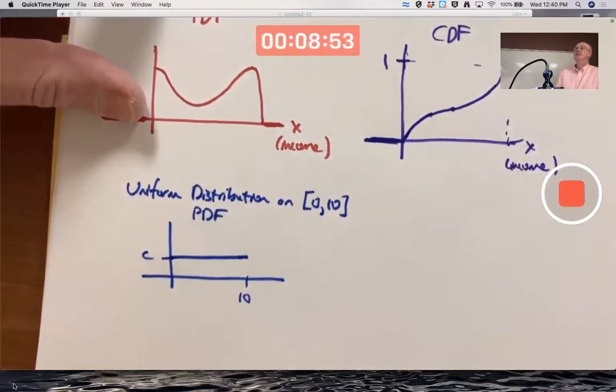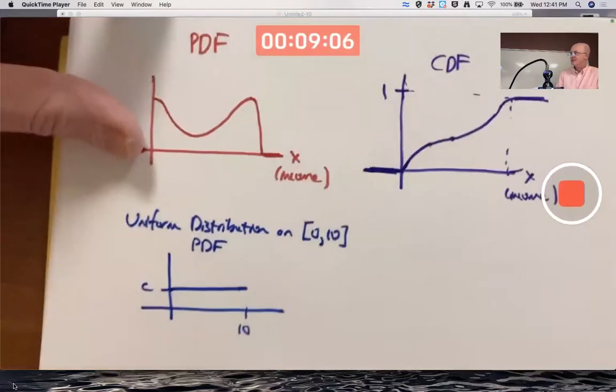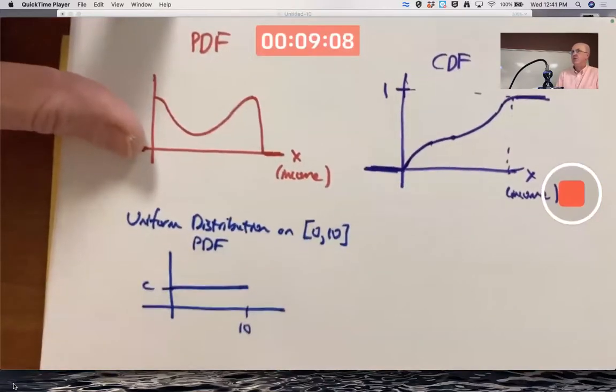And how do you figure out C in this case? What would it be? Go ahead, Michael. 1/10, yeah. Why? Because one property that PDFs need to have is they need to include all the data, so to speak, the entire population, 100%, which without a percent sign you write as the number 1.